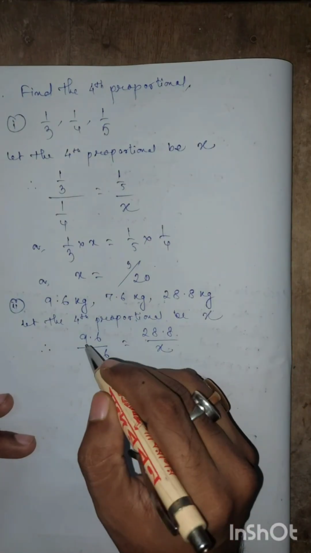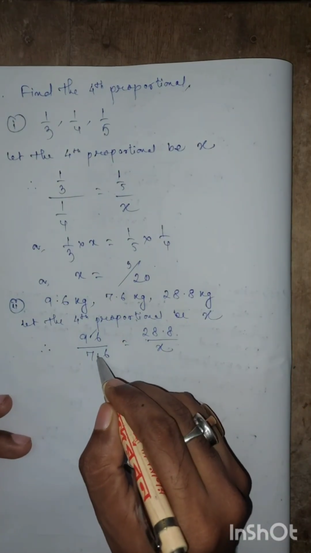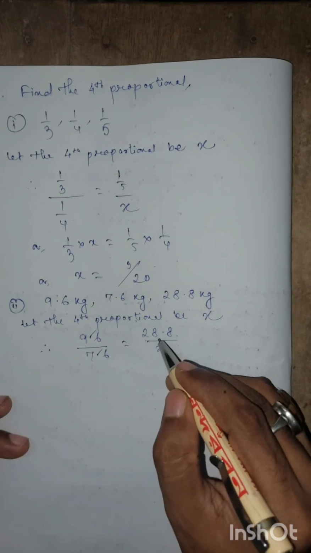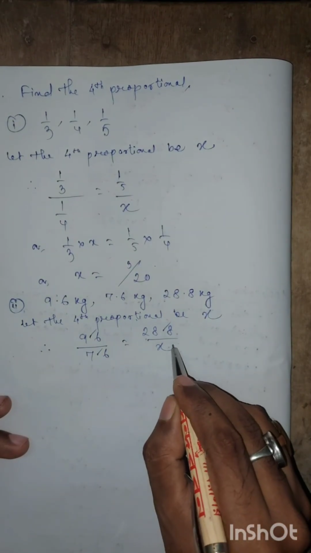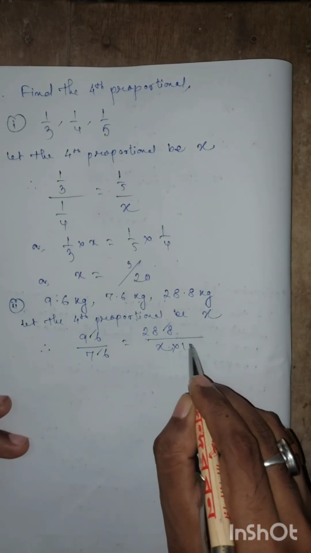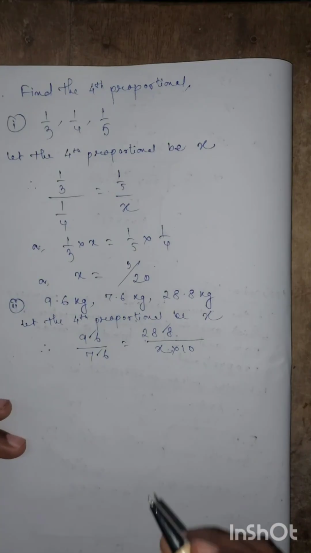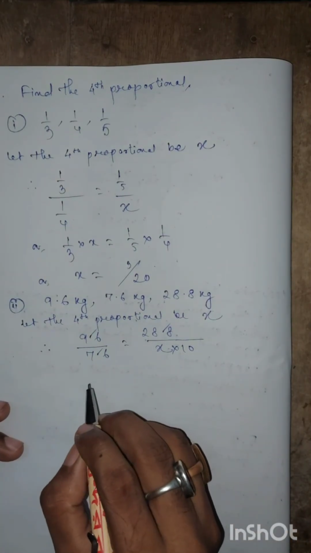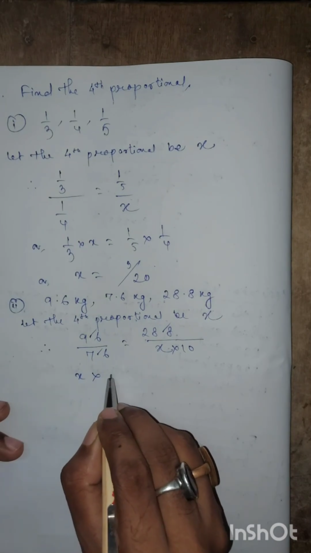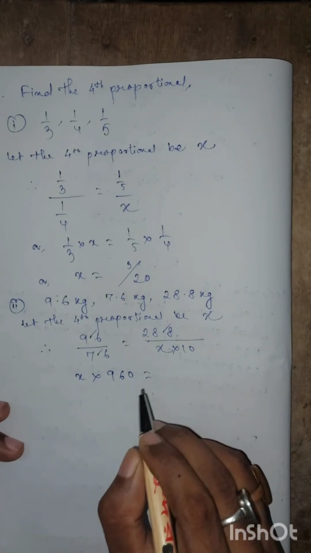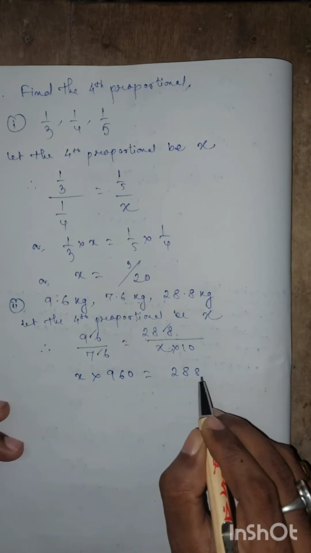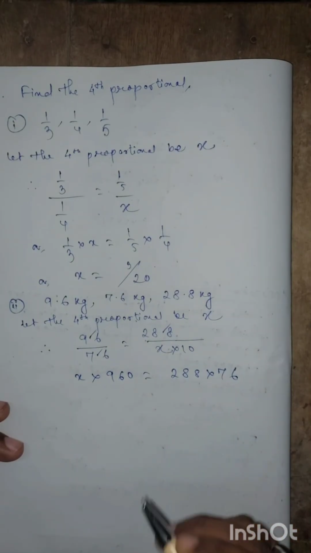So we can remove these decimal points and multiply the denominator by 10. So now if we cross multiply, we get x into 960 is equal to 288 into 76.